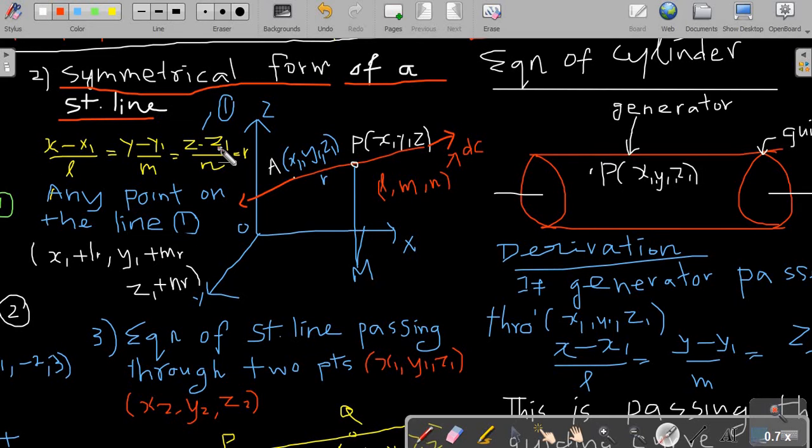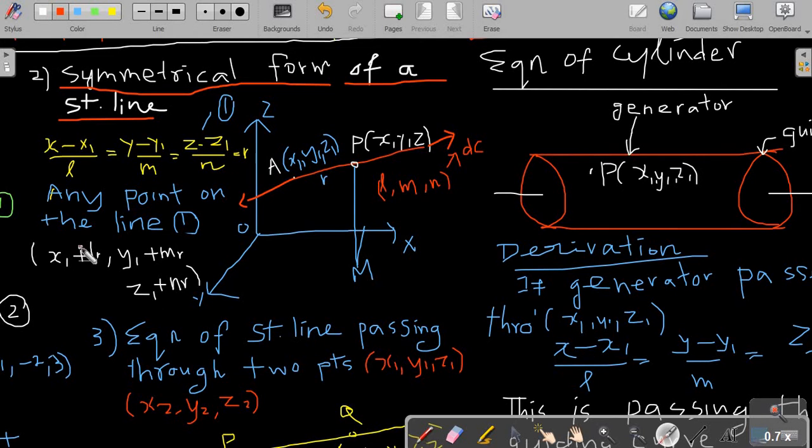Now from this we'll get a point. Am I correct? So you take the first ratio and this r, and x would be equal to x1 plus lr. You take this ratio and this r, and you will get y1 plus mr. If you take the last ratio and this r, you will get z equals z1 plus nr.